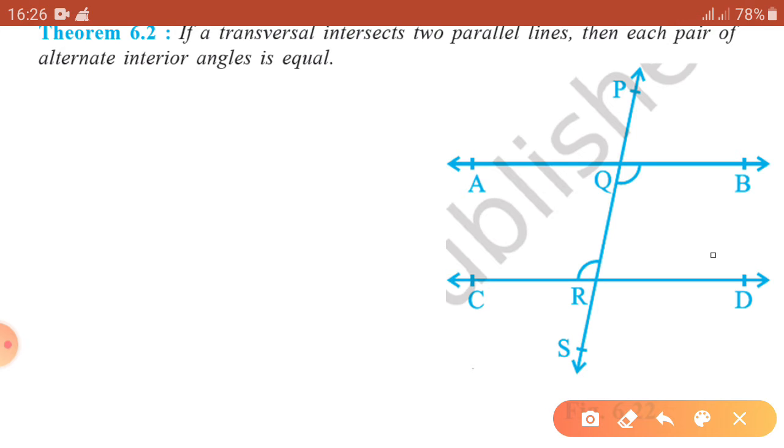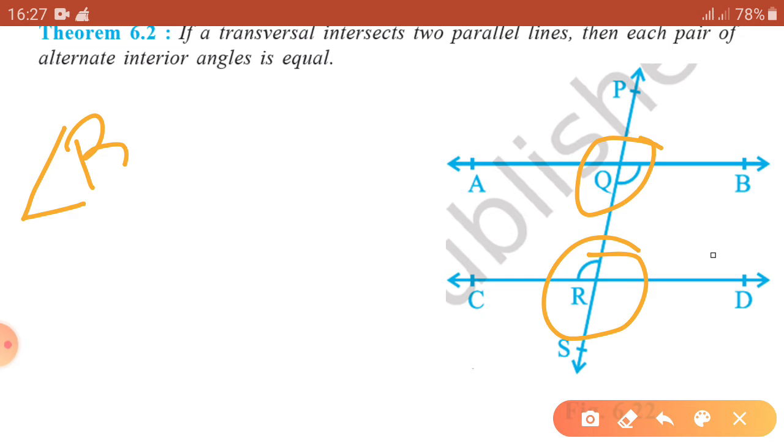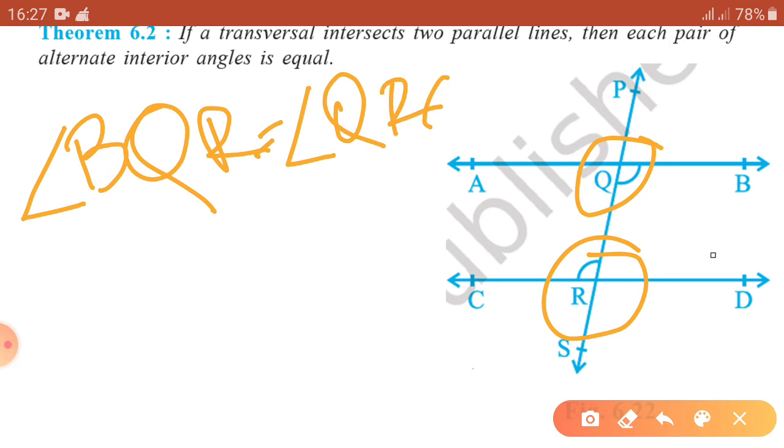Now using the converse of the corresponding angles axiom, can you show the two lines parallel if a pair of alternate interior angles is equal? So look at figure number 6.22. The transversal PS intersects the lines AB and CD at points Q and R respectively, such that angle BQR is equal to angle QRC.